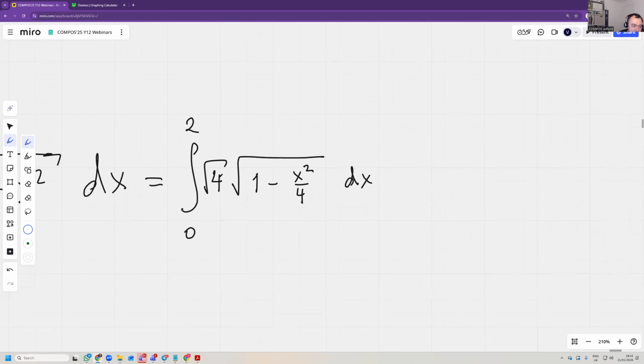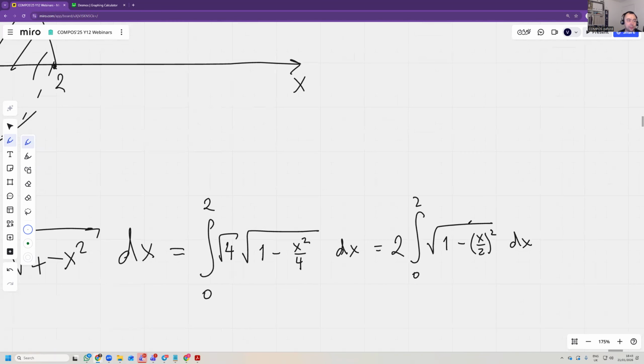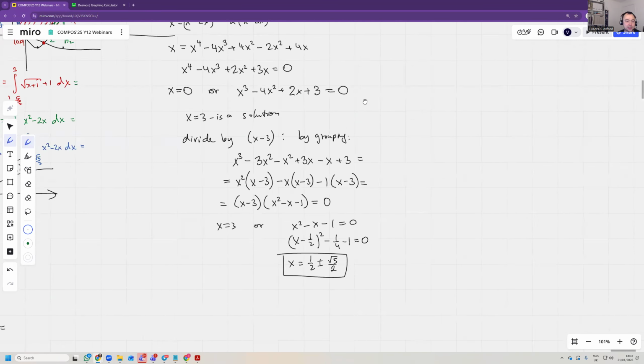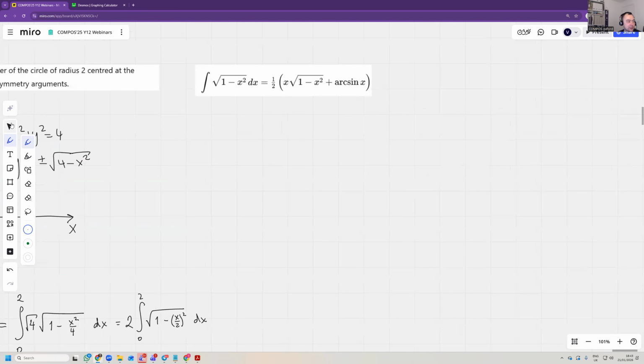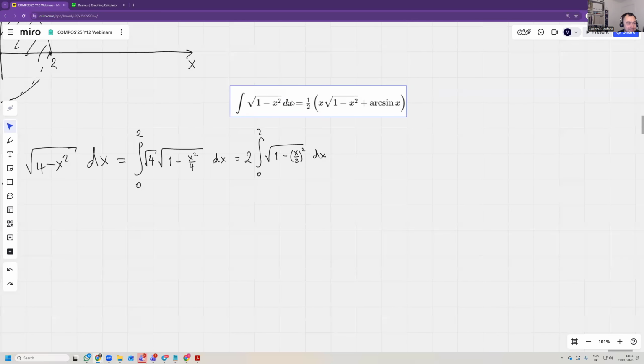And I can take the square root of 4 out as a 2 in front of the integral because the integral is linear and I'm allowed to take stuff out: 2 times the integral of square root of 1 minus x over 2 squared dx. Now I'm allowed to use this integral, because some integrals you just need to look up.